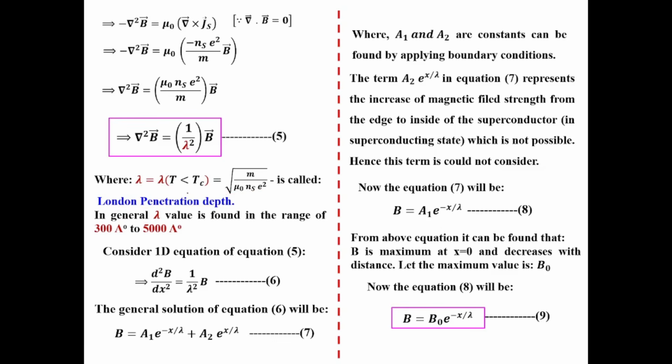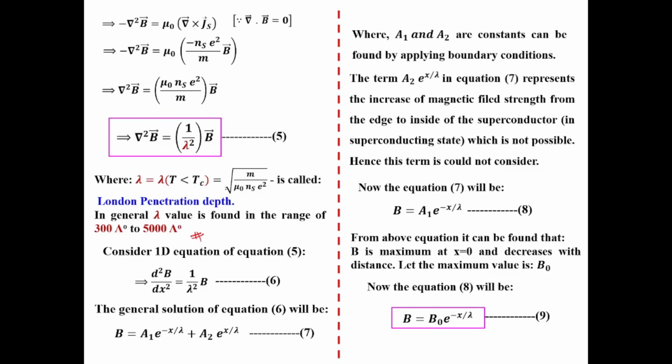In general, from various experimental studies, it has been found that lambda is a material property, and its range varies from 300 angstrom to 5000 angstrom. It is also one of the most important pieces of information that you should always remember. Lambda value varies from 300 angstrom to 5000 angstrom.